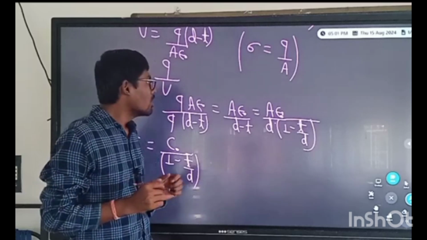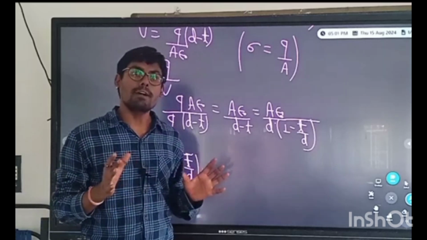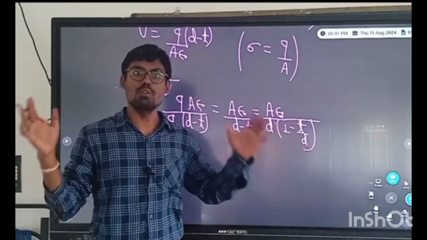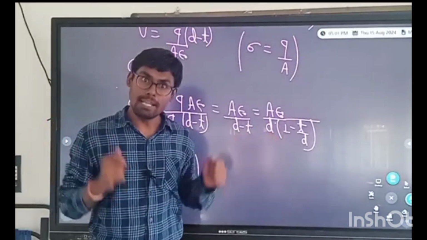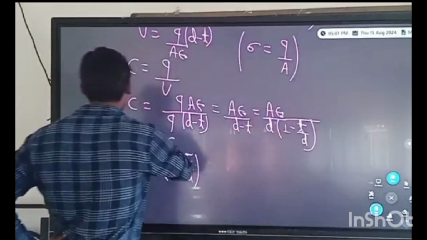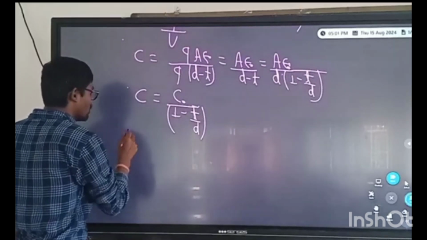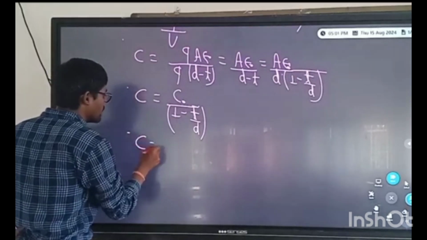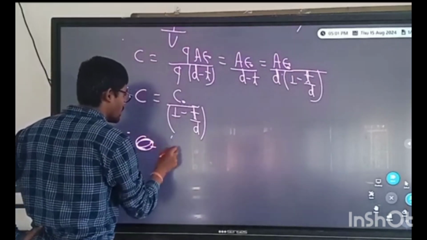Now, when the conducting slab completely fills the space between the two capacitor plates, what will happen to the capacitance?